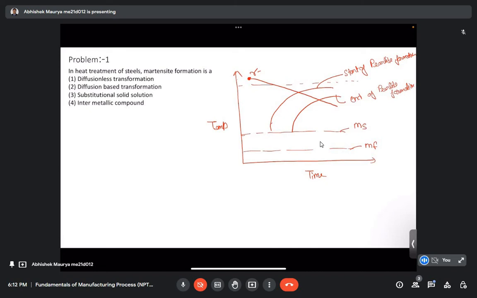Here the cooling rate is very slow, then we will get a coarse pearlite. Slow cooling is called annealing.